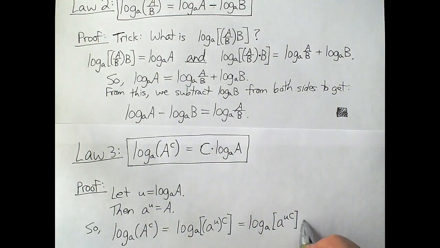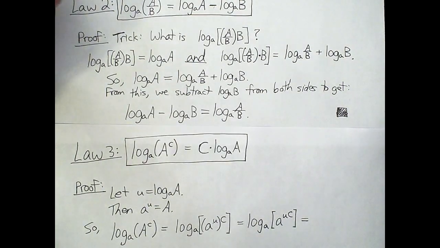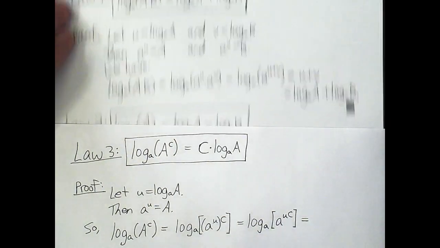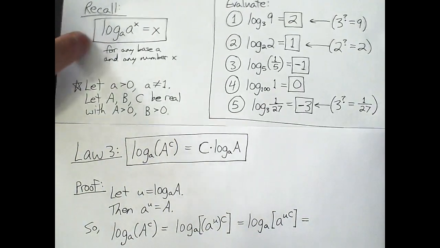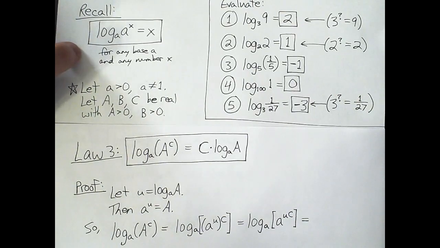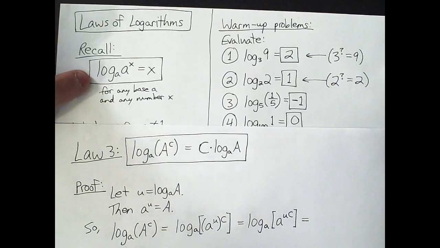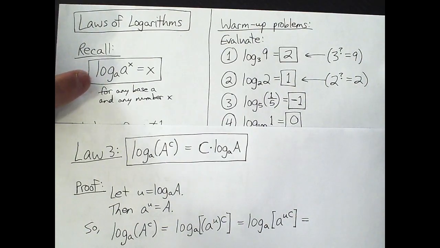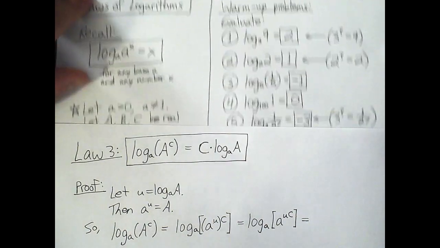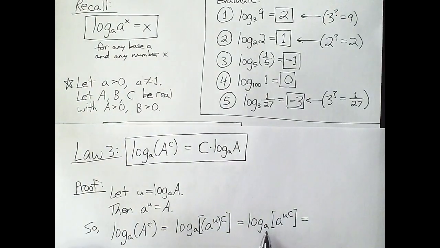All right, do you see what step we're going to do next? I am going to use this thing that I wrote at the top of the page from the previous video. This is going to help us. Log base a of a to the something. We have that here. This is going to just equal uc.